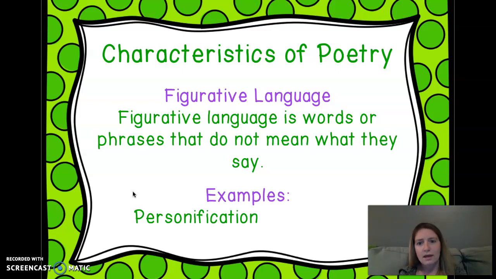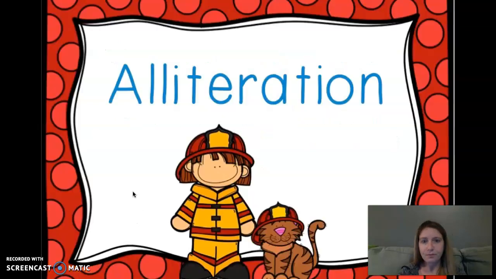So we might say the legs of a table. Well, a table doesn't really have legs. That's personification. We're giving an item something that a human would have. But the ones we're going to focus on today are alliteration, rhyme, and repetition.